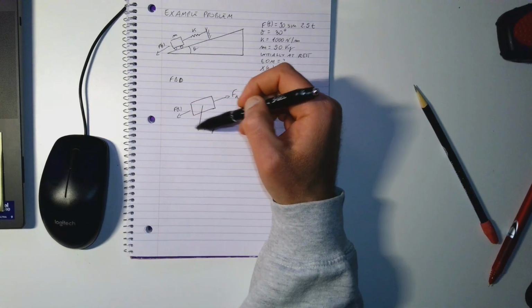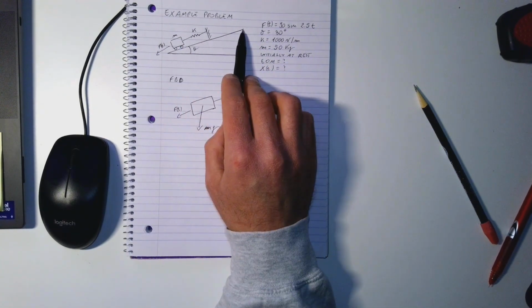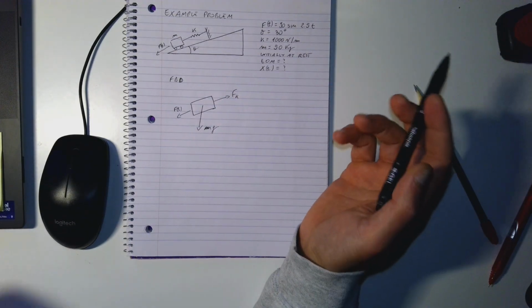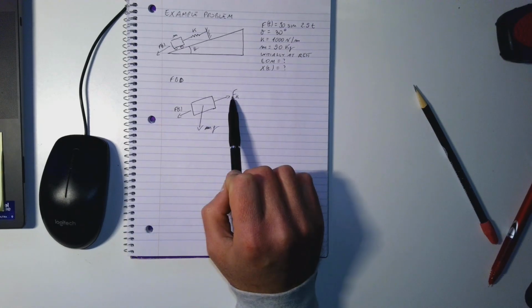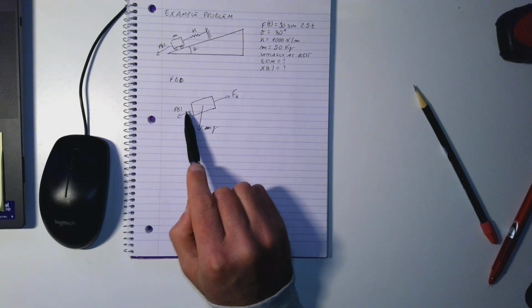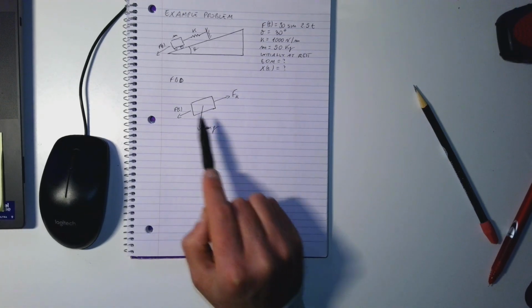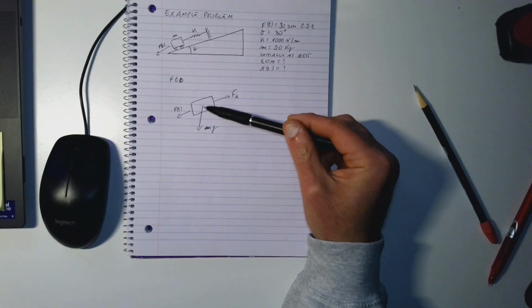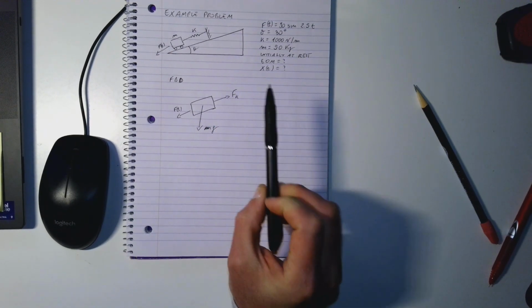However, since we don't have motion in the direction perpendicular to the surface, we are not worried about that one. We need to look only at the forces in the horizontal direction: the force from the spring, the external force, and the gravity, which will have a certain component in that direction.